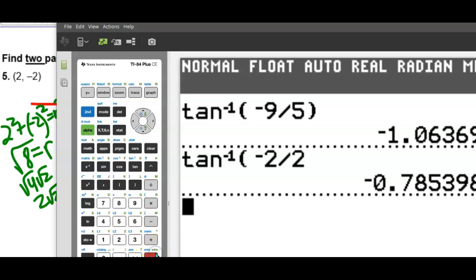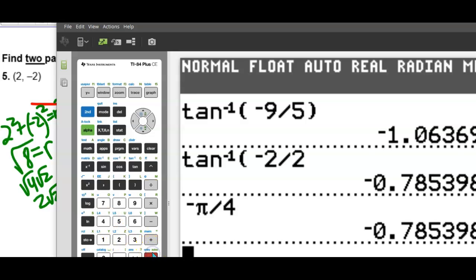It gives us a decimal. That decimal is actually equivalent to negative pi over 4. Okay, but you can just say negative 0.79. It's fine with me.